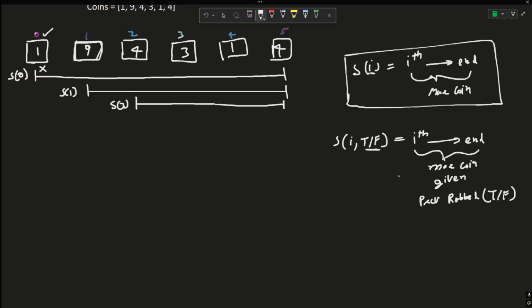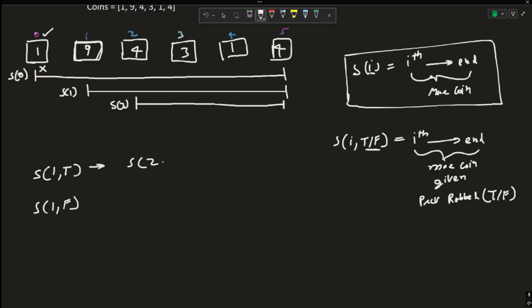Okay, so now things get different. Let's say I want to solve for S1. Now there are two S1s: either I can solve for S1 true or I can solve for S1 false. What that means is either I am starting from i when the previous house is looted. So the answer would be S of 2.